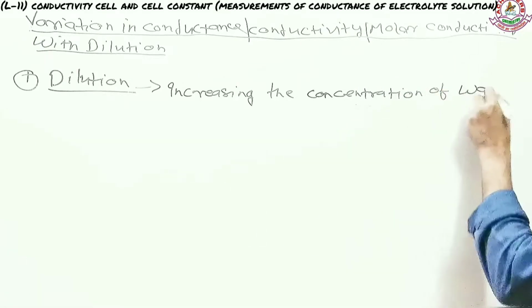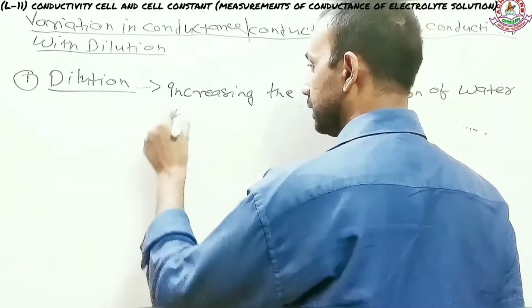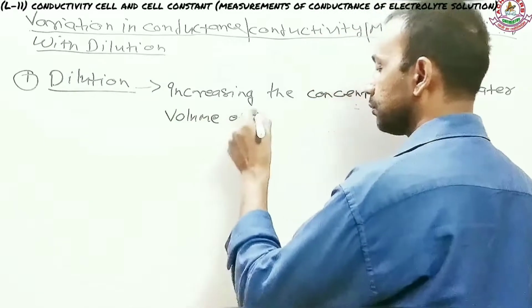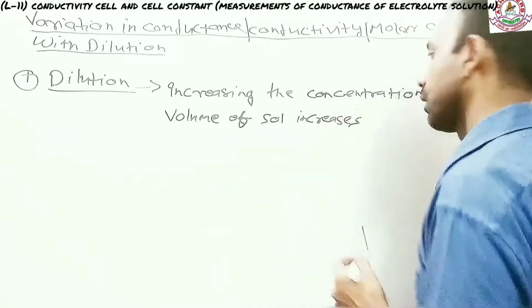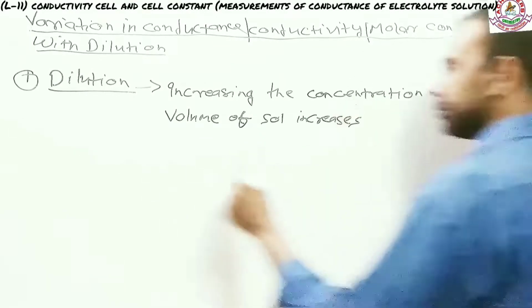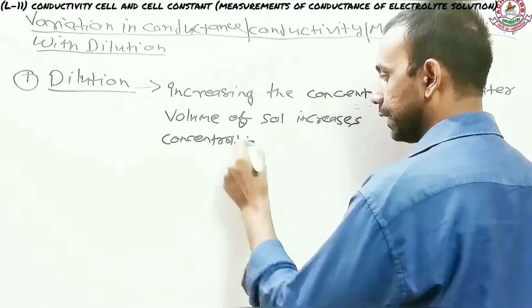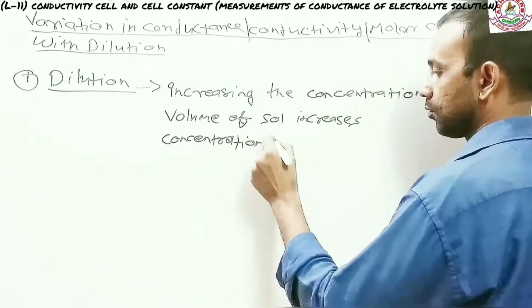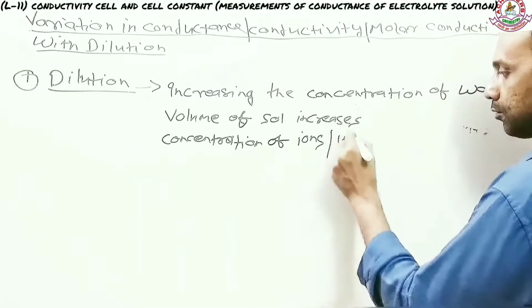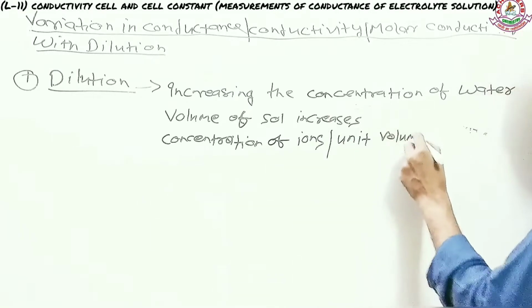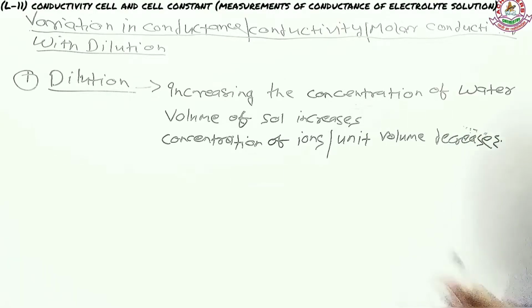If you increase the concentration of water, the volume of the solution increases, but the concentration of ions per unit volume decreases. So dilution is that simple.